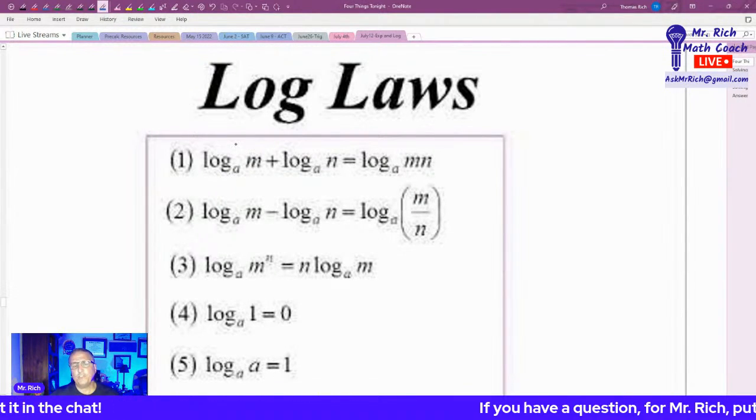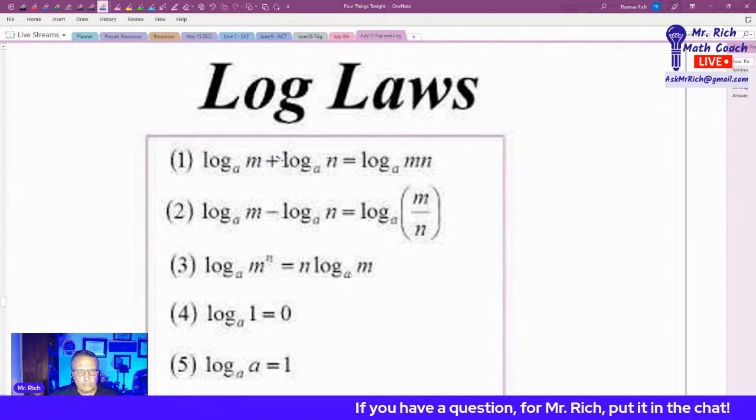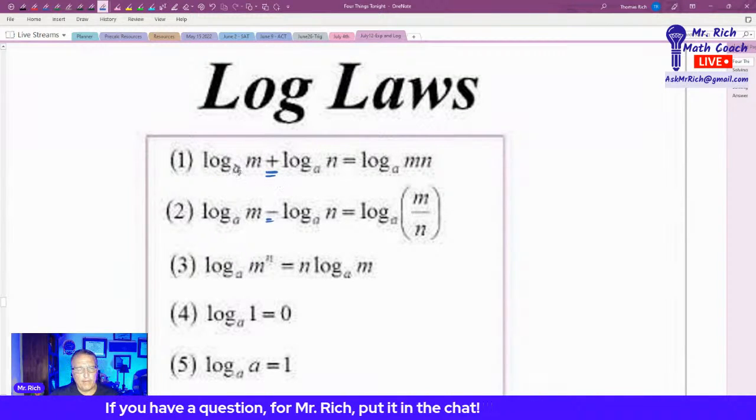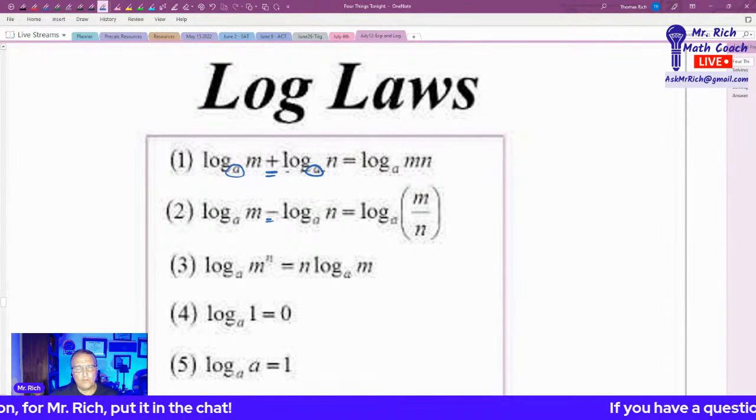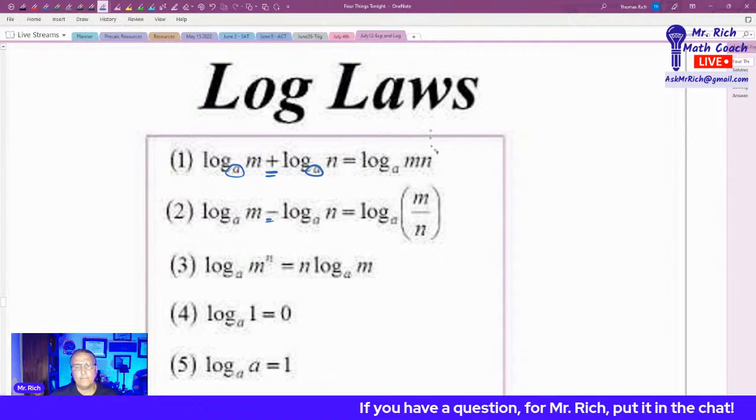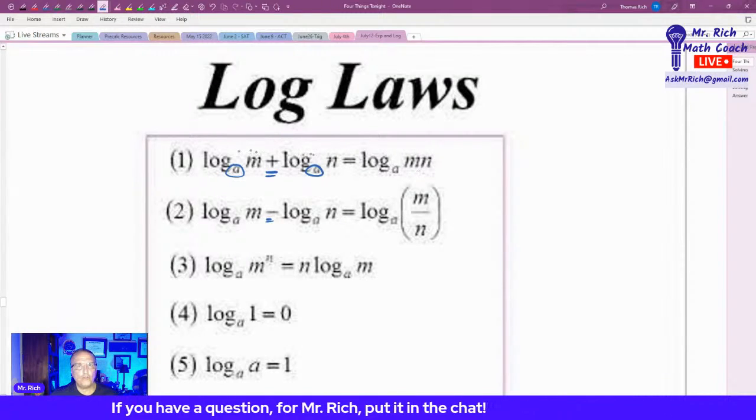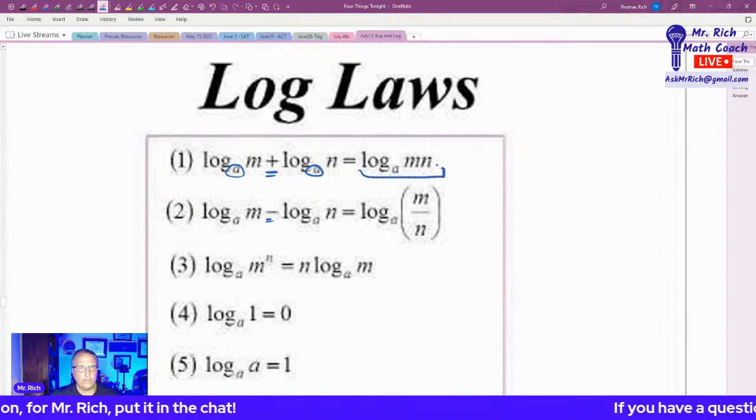When I have addition or subtraction of logarithms and my logs are to the same base, if it's addition of two logs, I can combine them, or what we call condense them, into a singular log through multiplication. So addition between logs is condensed into a singular log through multiplication.